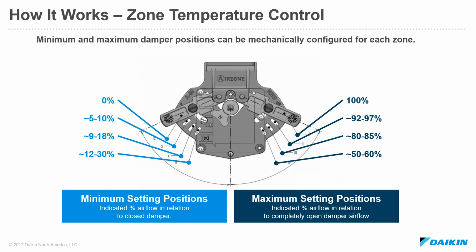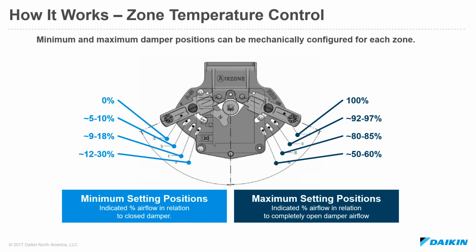It is worth being aware that each of these zone actuators, or the damper actuators, has options for configuring minimum and maximum damper position settings. So there are 4 different minimum position settings. There are 4 different maximum position settings. And these are mechanically adjusted in the field.